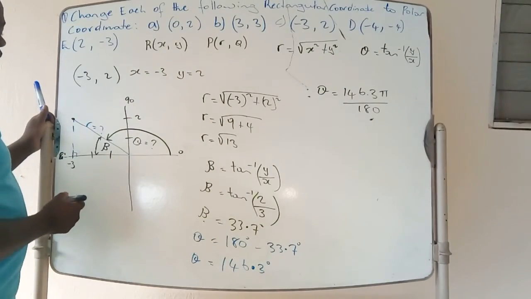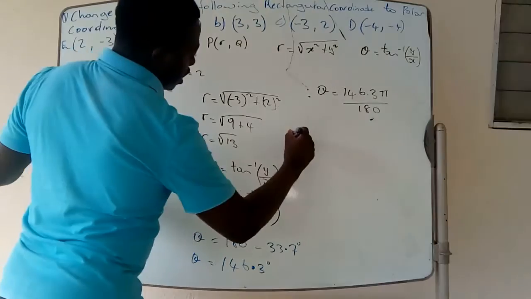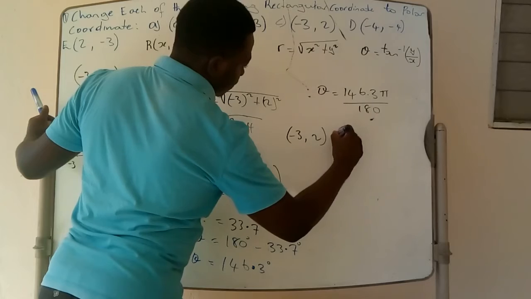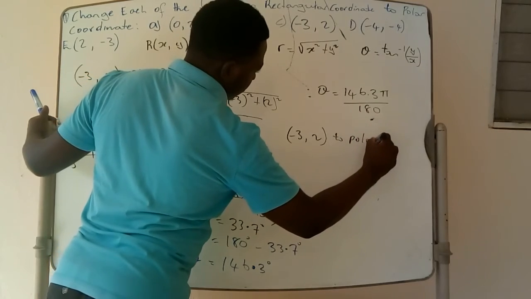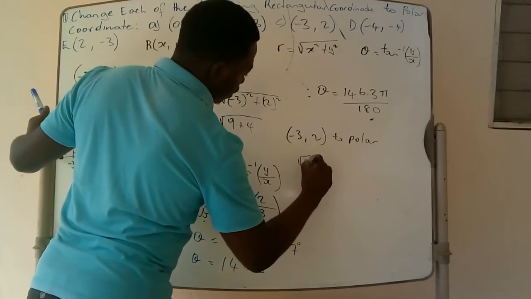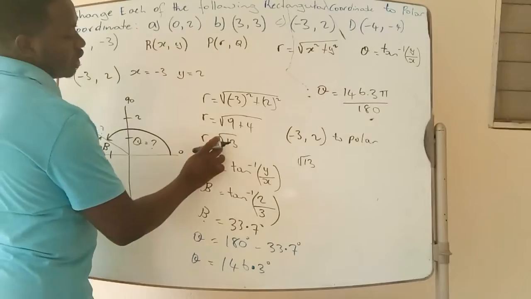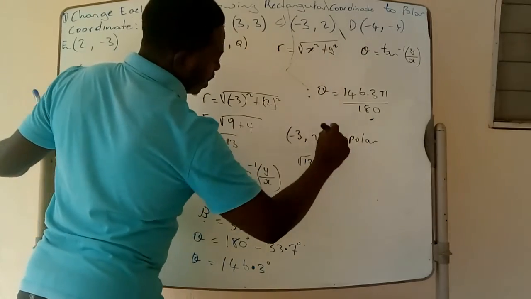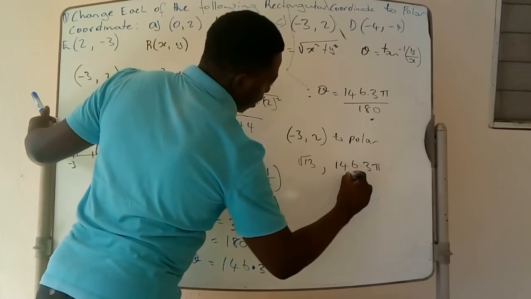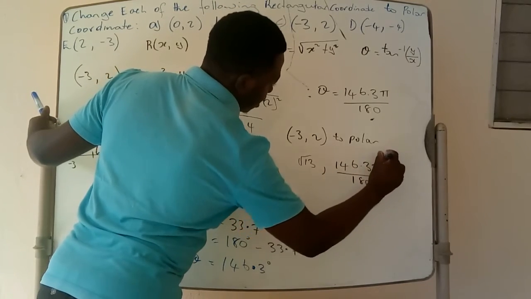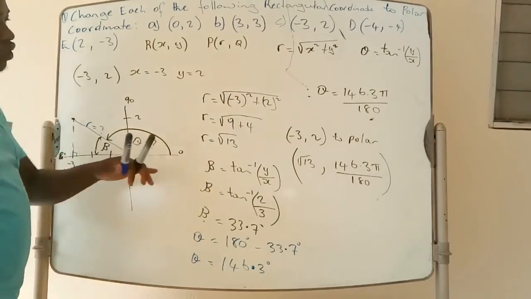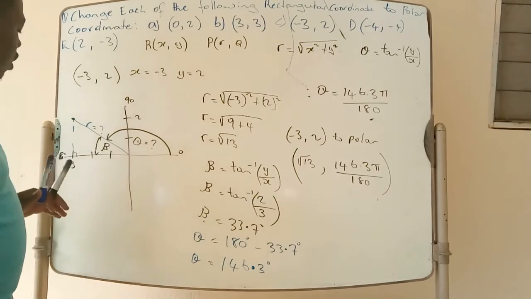So therefore, this point here, which is negative 3, 2, in polar is just r. What is r? Root 3, right? So that's just root 13. Sorry, not root 3, root 13. Comma, the angle which is theta, and that's just 146.3 pi all over 180. And that's how you would convert this coordinate to polar. Alright? So let's look at part D.